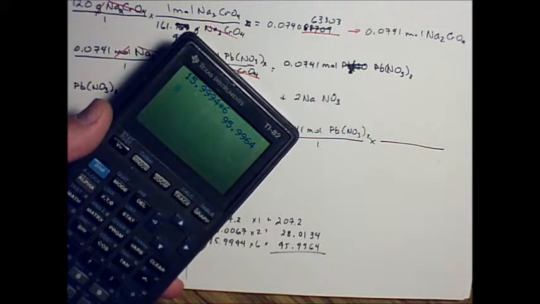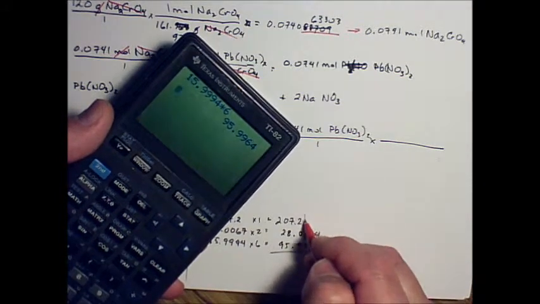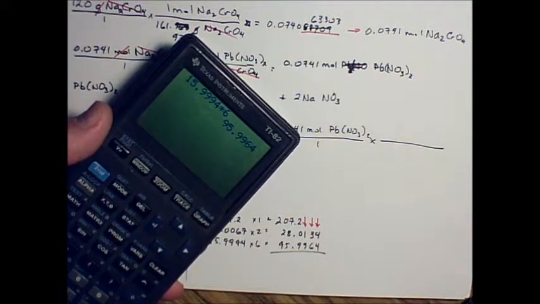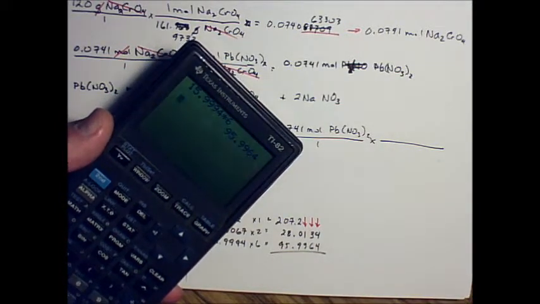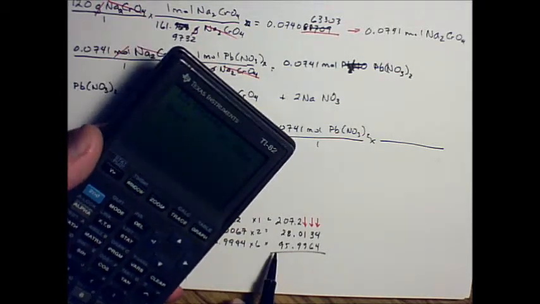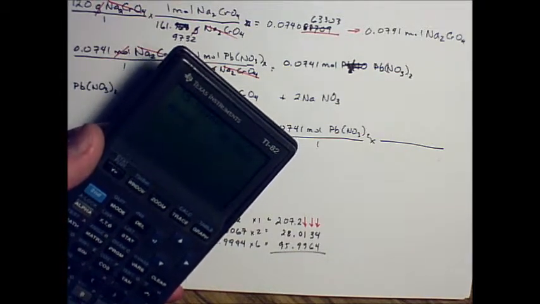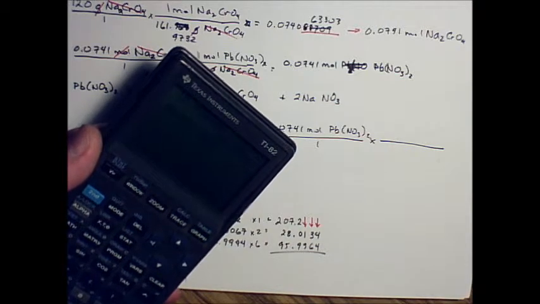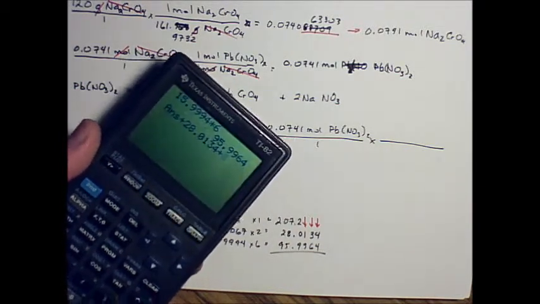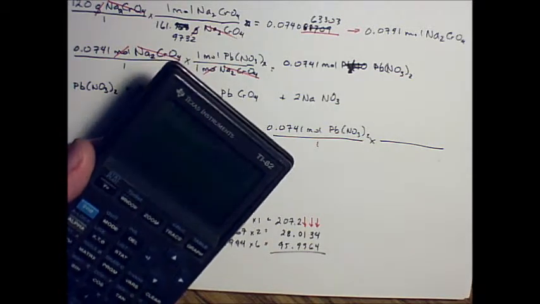And I've got 3 empty slots over here. Remember, you can't put zeros there because that implies a degree of precision we don't have. Okay? So now we're going to add this number right here to these other 2. 28.0134 plus 207.2.